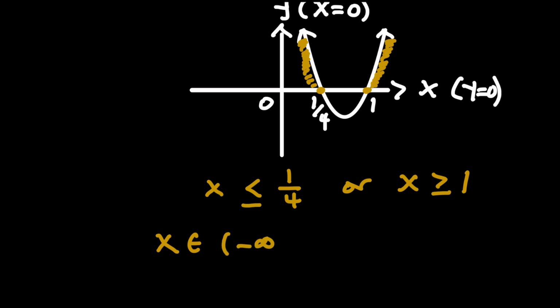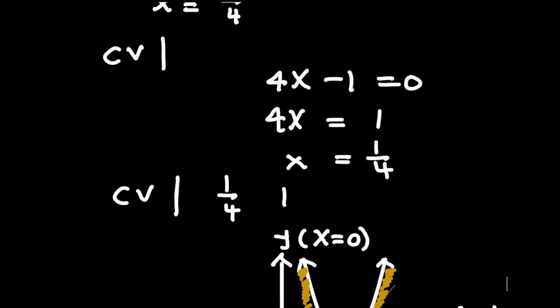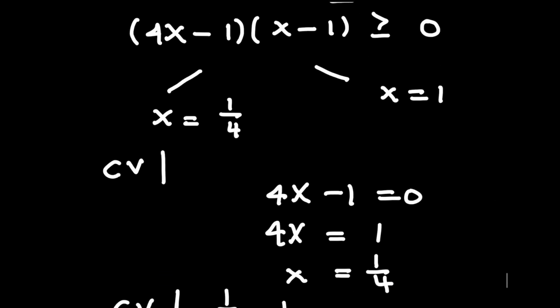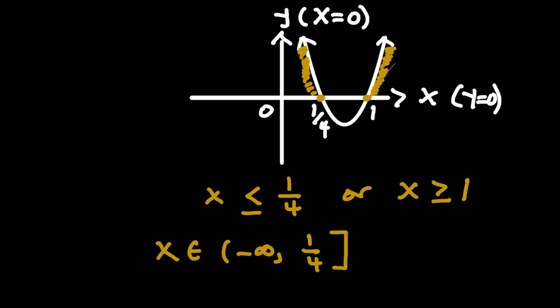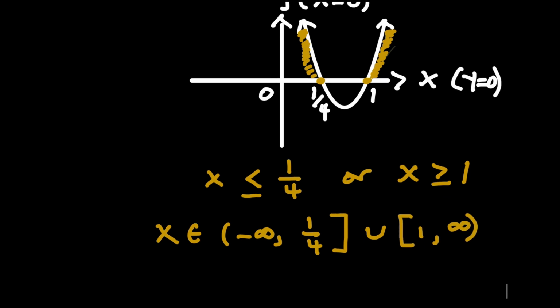So from negative infinity until 1 over 4, we are going to use a square bracket here because that is included. As you can take note, this is greater or equals to. Because of that equality, that is why we've got a square bracket. Then union with 1 to positive infinity, right?